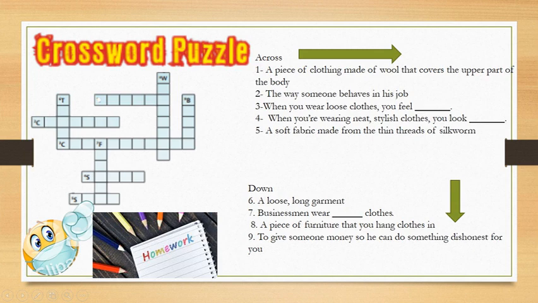And what is it? Look here, starts with J. It is jumper. Secondly here, the way someone behaves in his job. And look here, it starts with C. So what is this word?